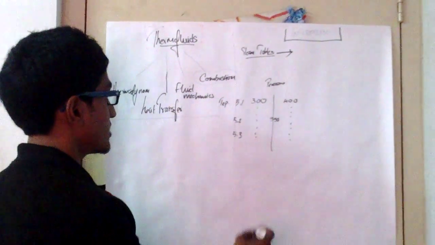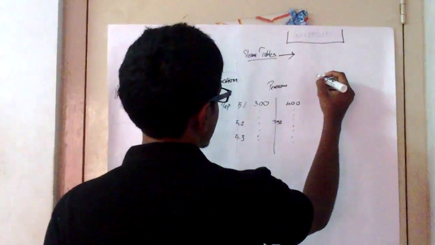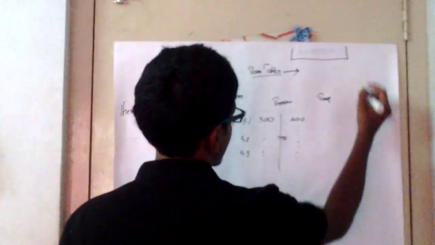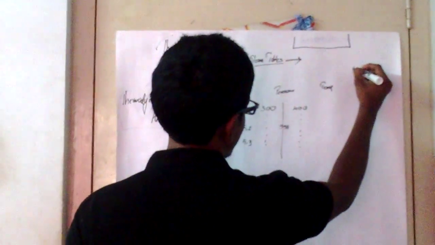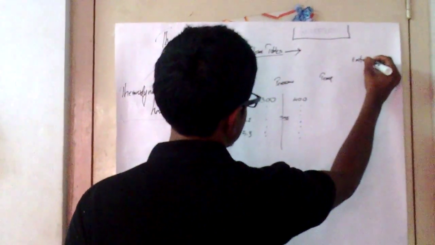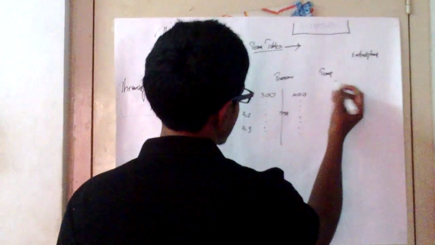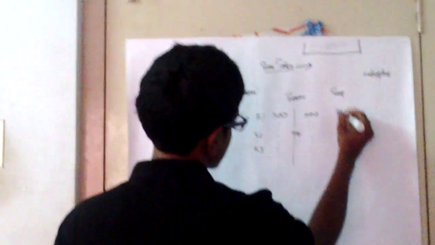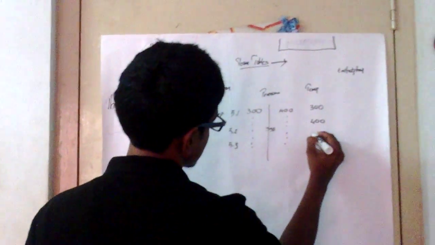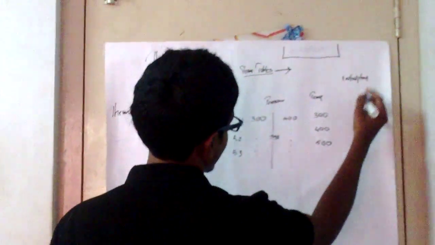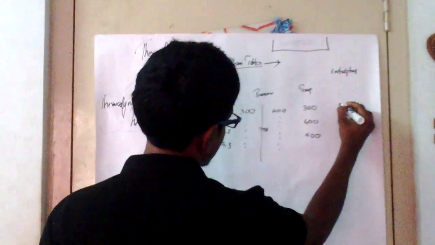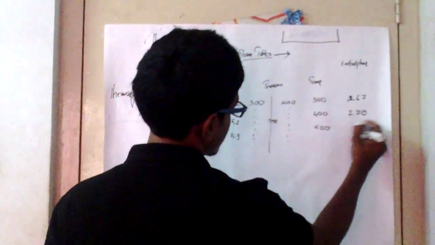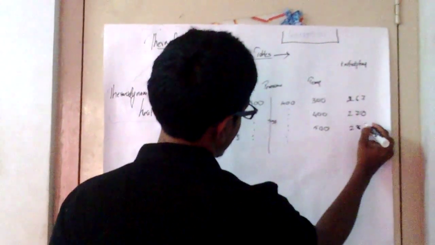Let's take an example. Say this is the steam table. You have temperature over here and you have the enthalpy values. The temperatures are 300, 400, 500, and the enthalpy values are 3267, 3270, 3281.